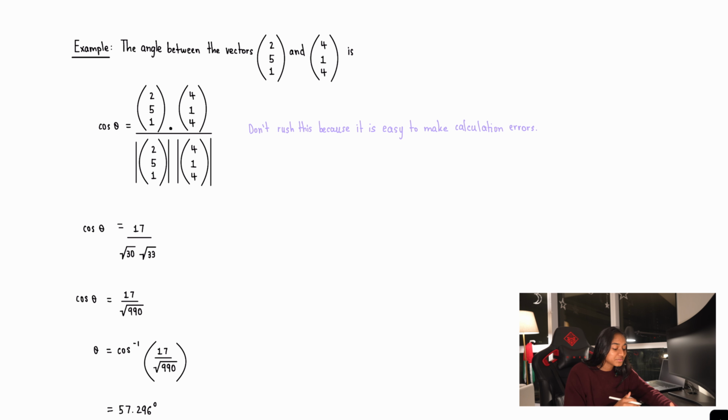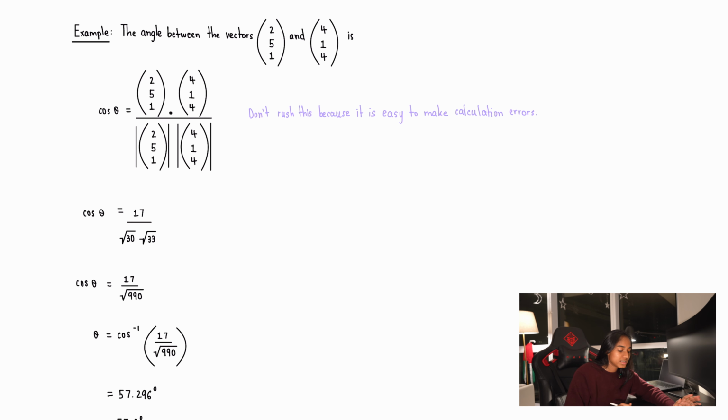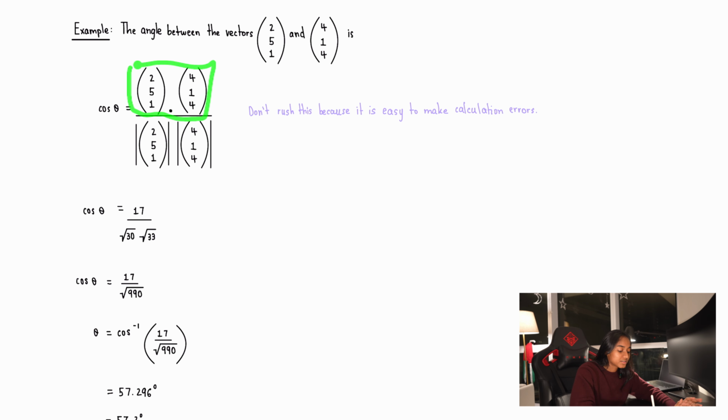Anyways, the angle between these vectors, (2, 5, 1) and (4, 1, 4) is, then we put this huge thing. I'm telling you again, don't rush it. It is easy to make calculation errors. So you basically find a dot product on top here, and then the magnitudes of these, and then you put them all together.